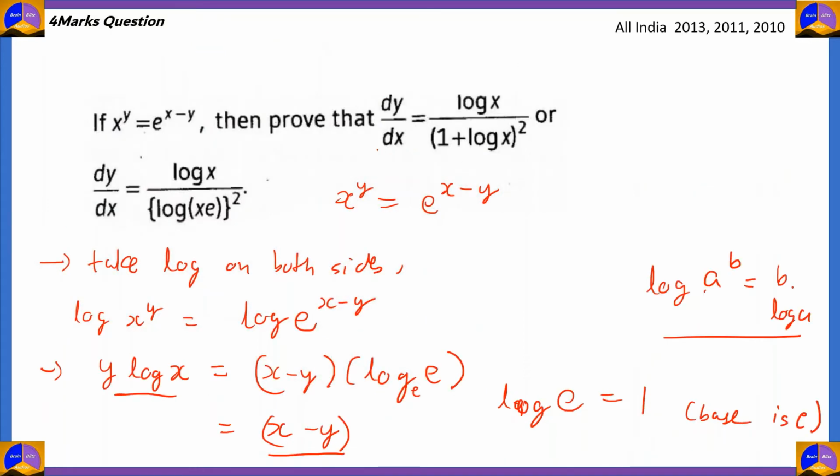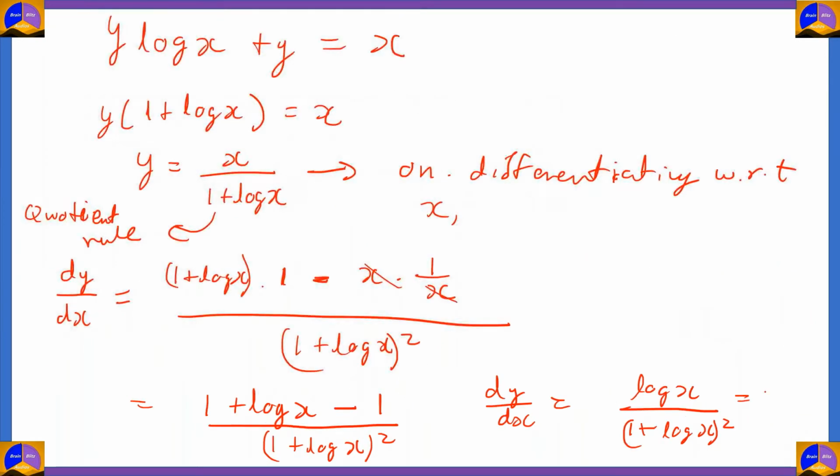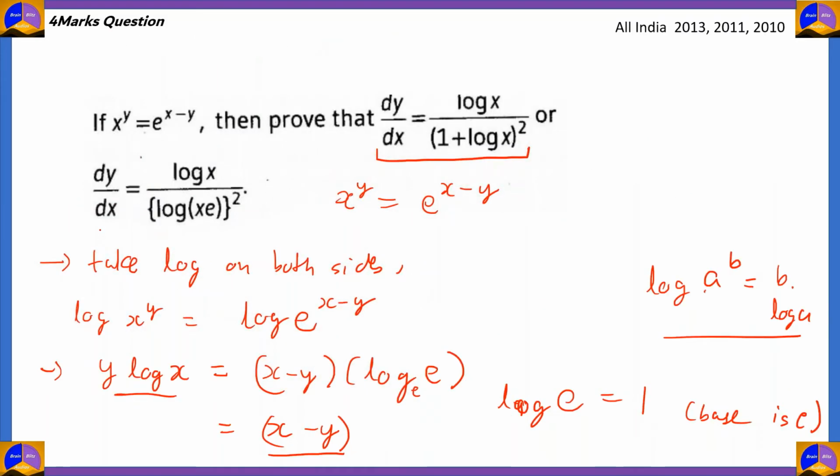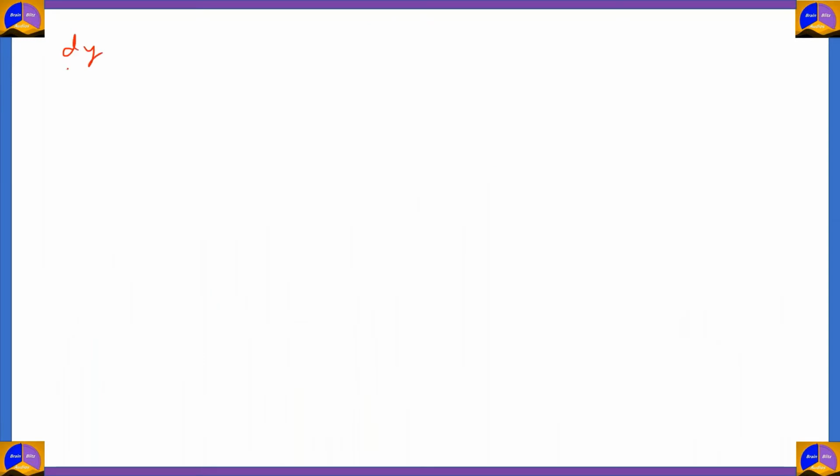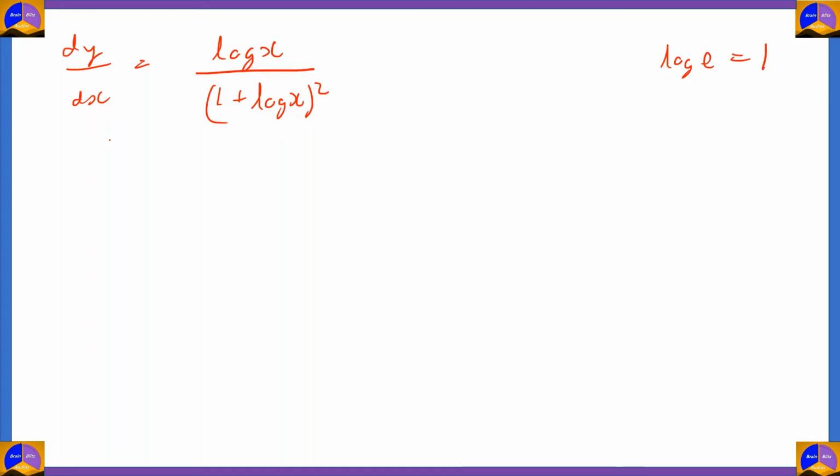And if you notice, that is what we're asked to prove. So that is equal to the RHS. But the question also asks us to find dy by dx as log x divided by (log xe) the whole square. How do you convert this? So dy by dx is equal to log x divided by (1 plus log x) the whole square. Now, we know that log e is equal to 1. Now we apply that property.